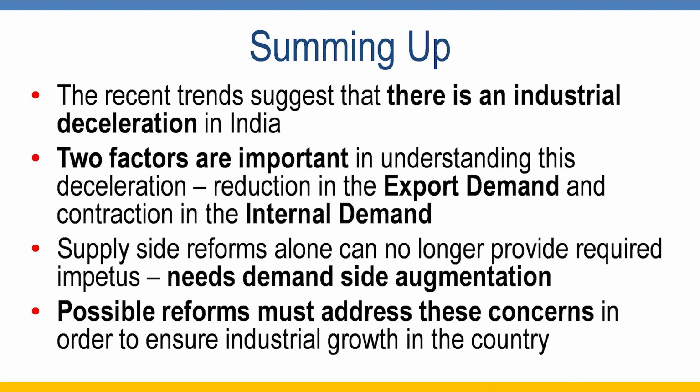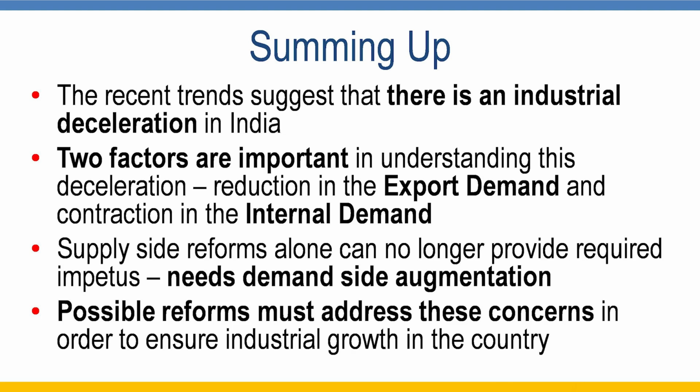So therefore, the most important point that we would like to highlight today is that supply side reforms alone can no longer provide the required impetus for industrialization. It needs a demand side augmentation.